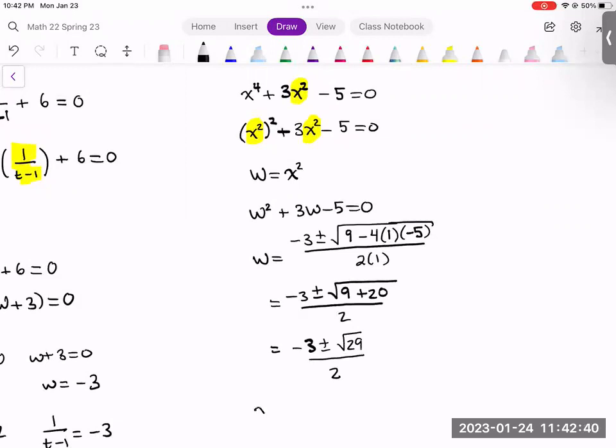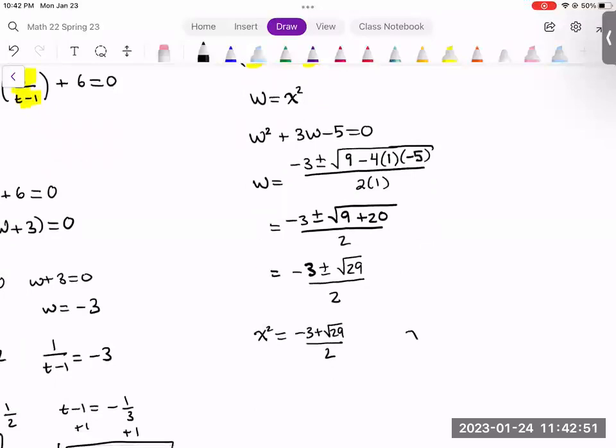Okay. So we actually have two different equations. We have x squared is -3 plus square root of 29 over 2 that we want to solve. And we also have x squared equals -3 minus square root of 29 over 2. Now, if we look at this first expression, 3 is a smaller number than square root of 29.